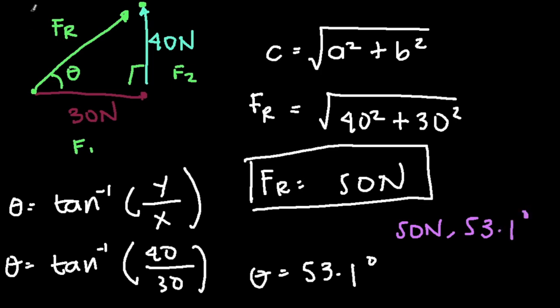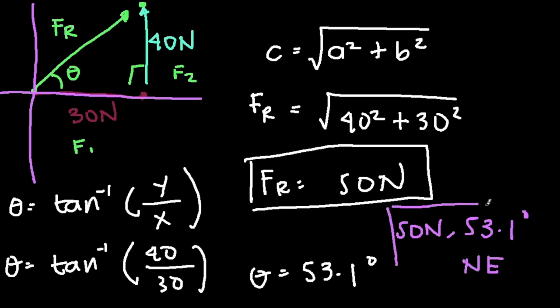And if you try to graph it on a Cartesian plane, it should look like this. And our resultant, which is represented by the green line, is at the first quadrant. So this should be north of east. The final answer should be that. Okay, let's have another example.